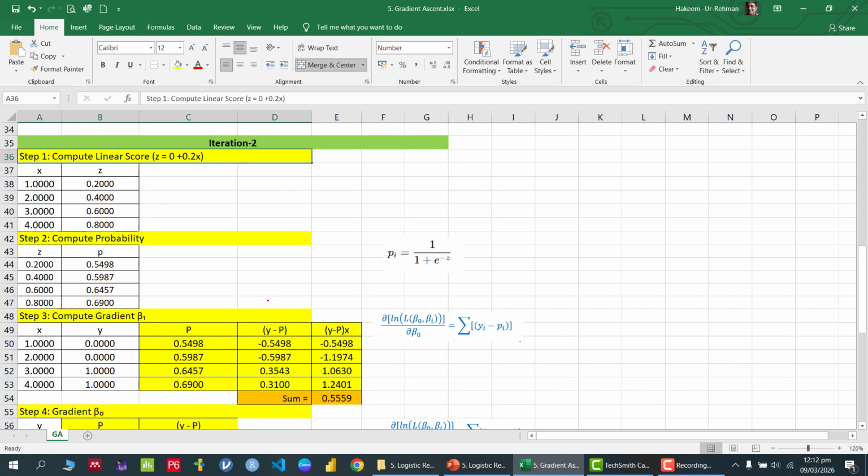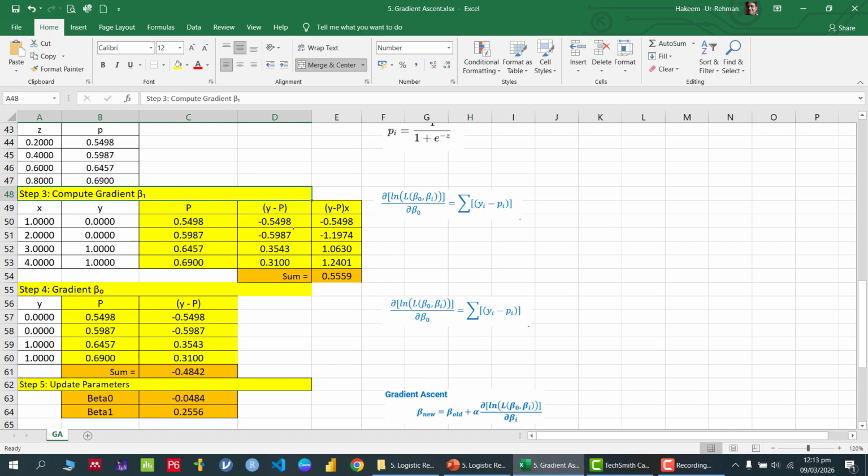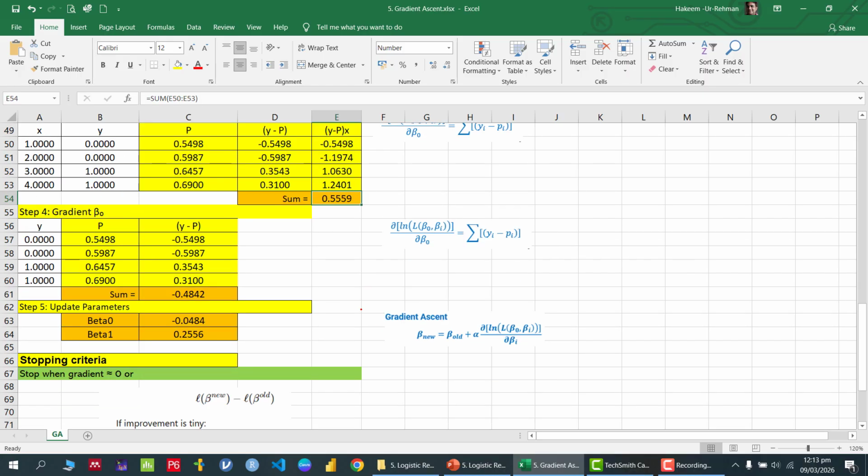Now our linear equation is going to be z equal to 0 plus 0.2x. Based on that, we have calculated the z values, and against every z value, I have calculated the probability by putting it into this particular formula. Once we have calculated the probability, I can once again calculate the gradient value, which is y minus pi, and then y minus p into x. So this is the gradient of beta 1.